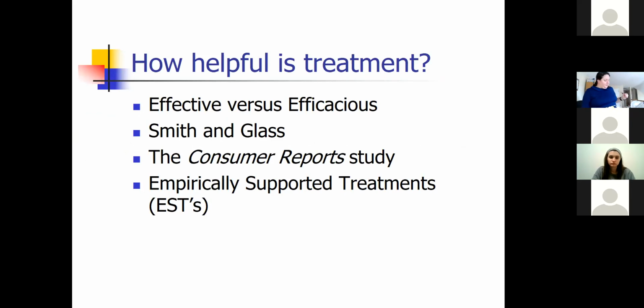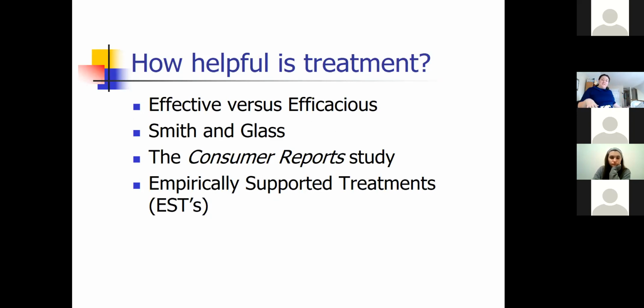One of the big questions clinical psychologists in particular ask in research is, how helpful is this treatment? Is this therapy that we're doing actually helping the person? And more and more we're starting to ask why, or what piece of that therapy is actually helpful.